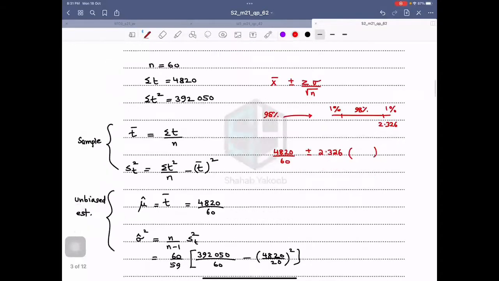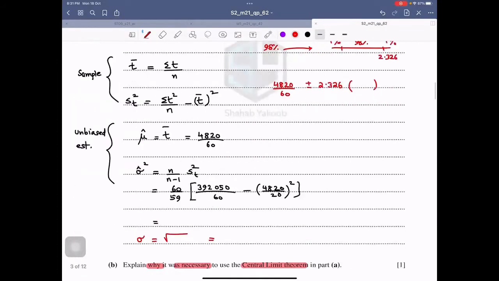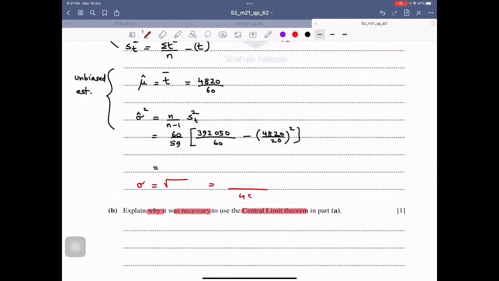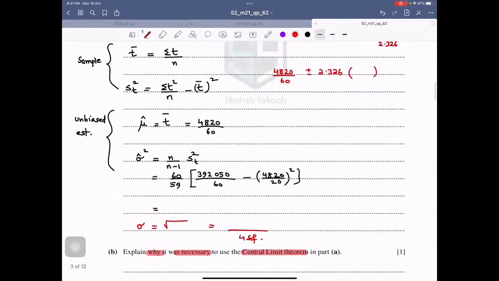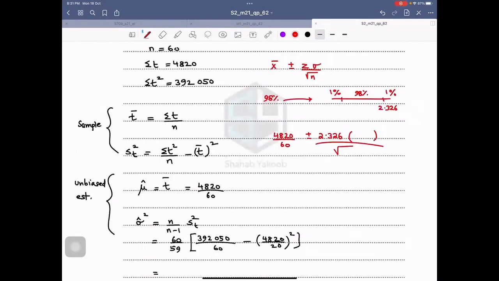This is sigma square, keep that in mind. So sigma would be the square root of this. Use 4 significant figures. And this value goes over here divided by root 60, and that will be the answer. So the answer comes out to be 77.6 and 83.1. This is the lower limit. This is the upper limit.